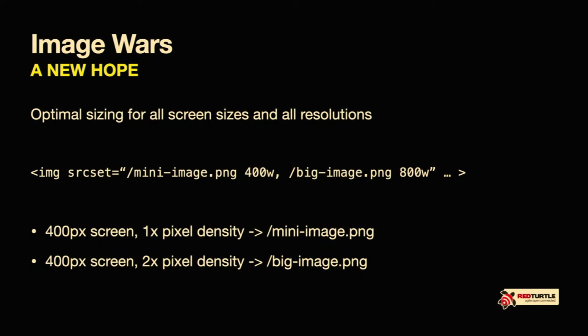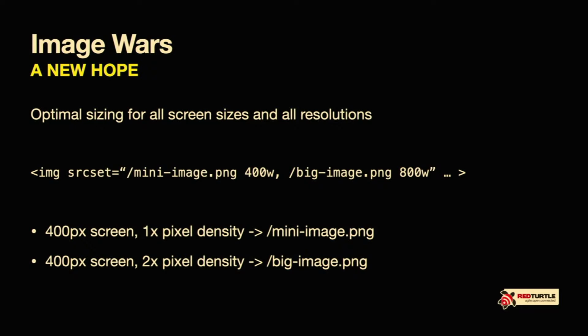So this is the important thing to note here: the browser can decide which image to use based on the screen size and the screen resolution. As it is written in my example, the source set, I should explain that first, defines two images.